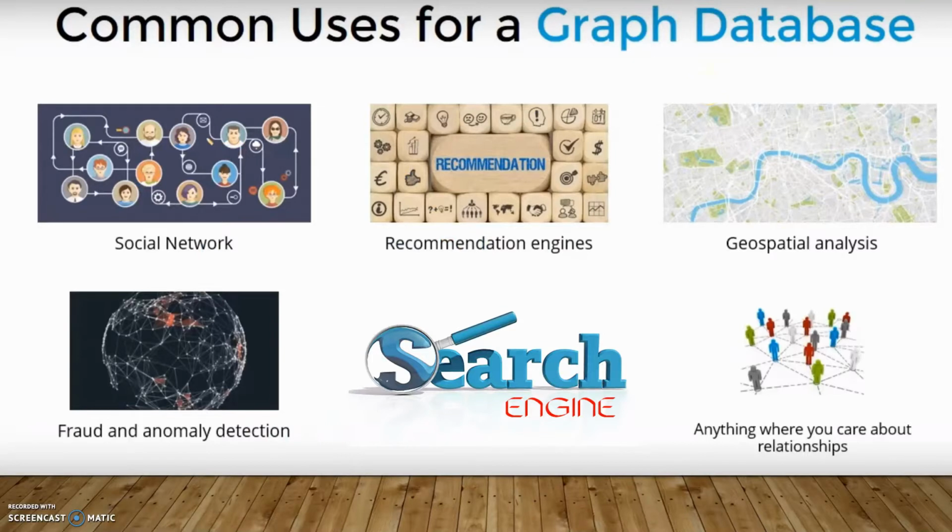Another use case of a graph database is a recommendation engine, which is used in e-commerce sites like Amazon, Flipkart, eBay. Whenever you are looking for a certain product on these e-commerce sites, they can recommend related products. These products are arranged in the form of nodes with their associated nodes.